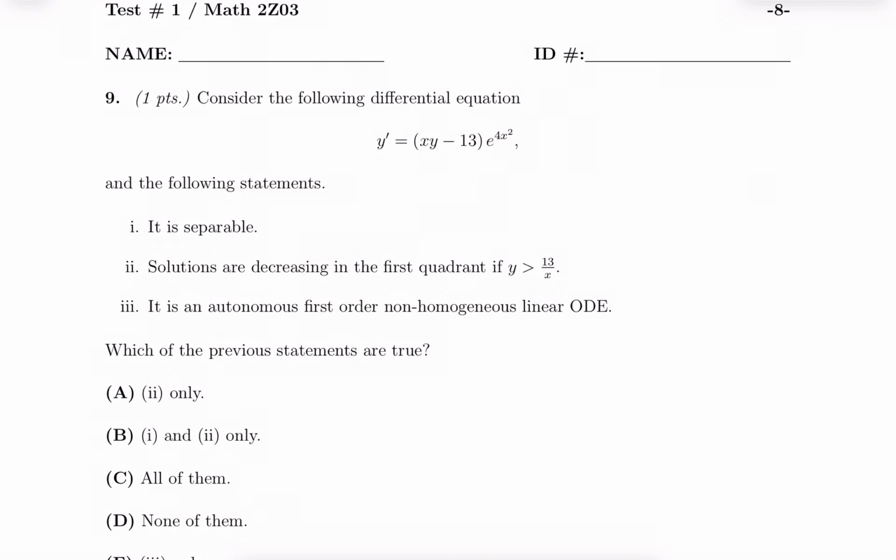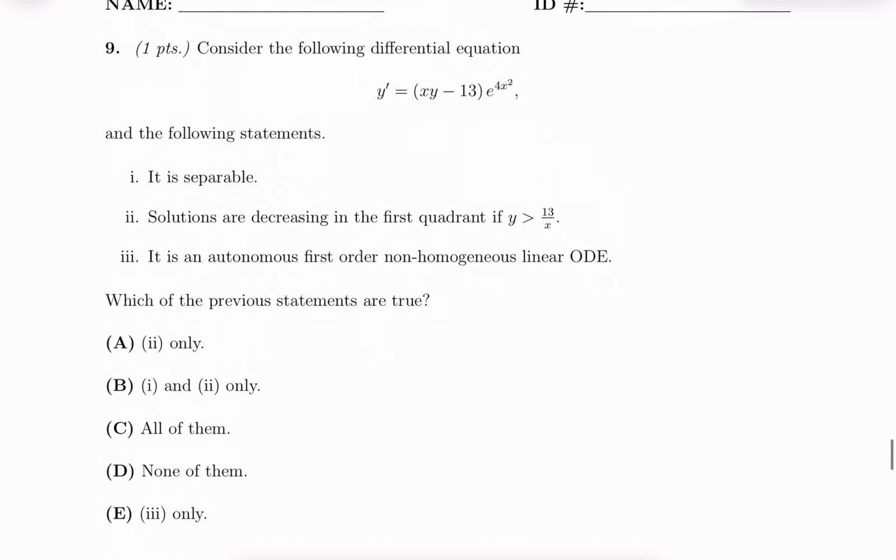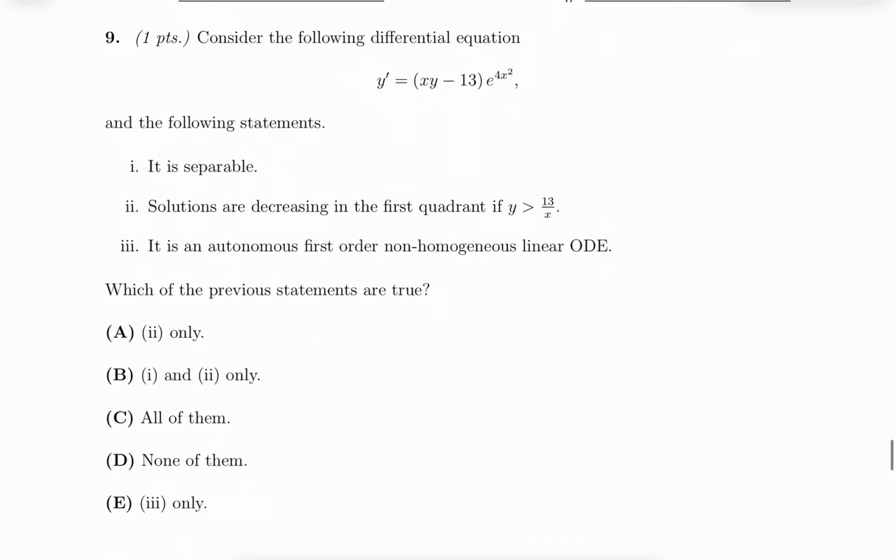All right. Is it separable? Okay. I think I wrote it down near the end of my solutions, where you have to be careful with the autonomous and homogeneous stuff.